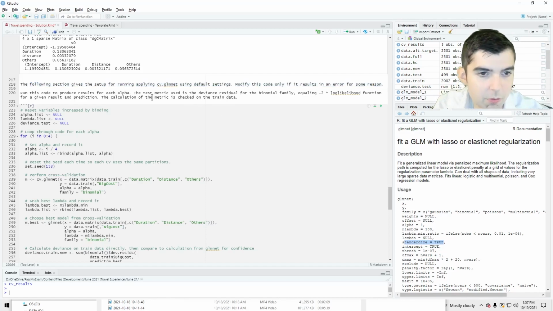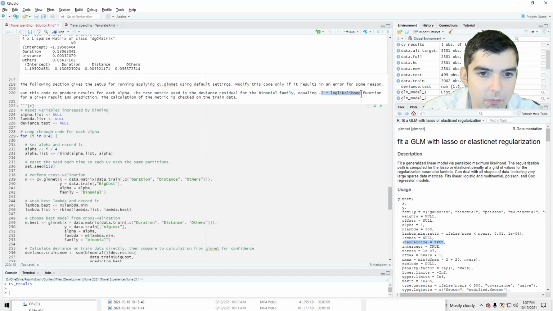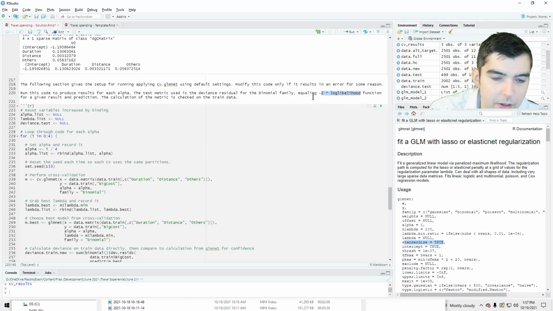Run this code to produce results for each alpha. The test metric used is the deviance residual to the binomial family, equaling -2 times the log likelihood, for a given result and prediction. The calculation for the metric is checked on the trained data.